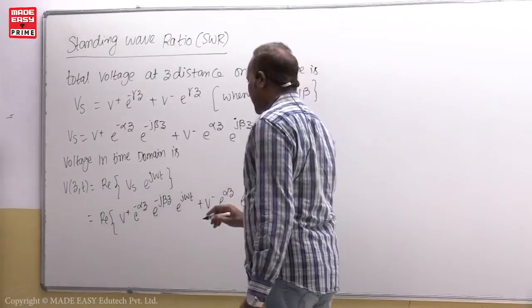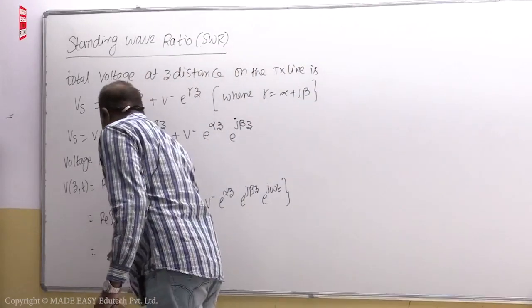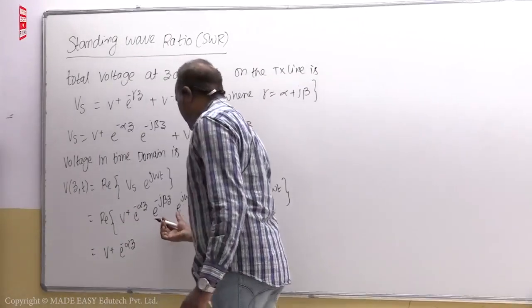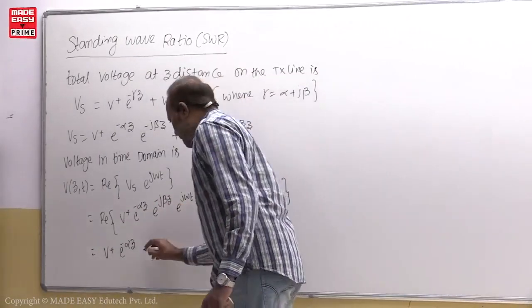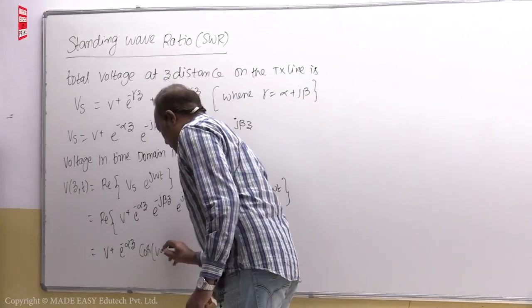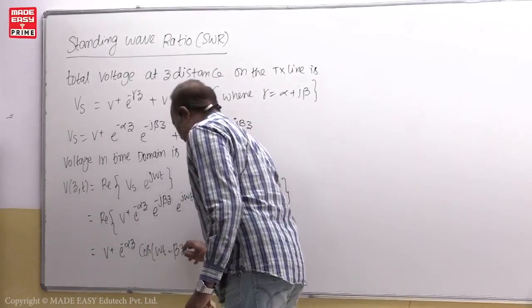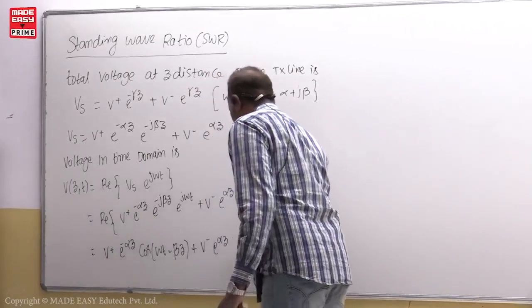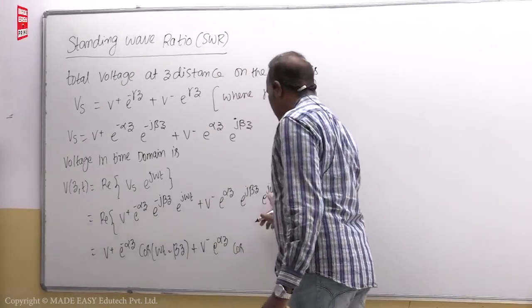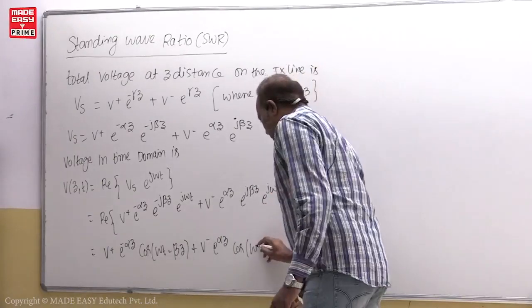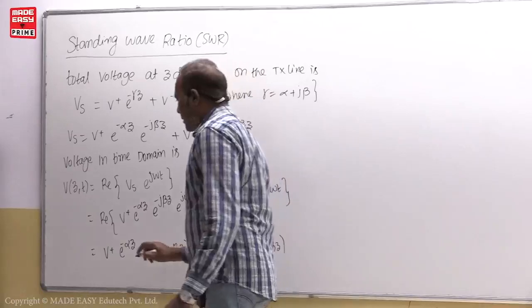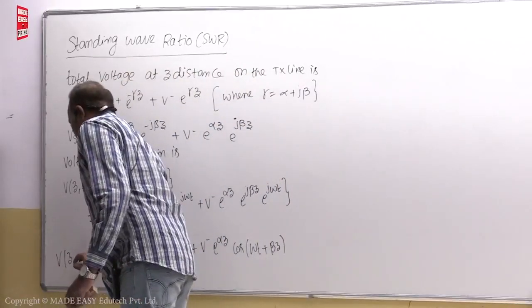Real part is V plus e power minus alpha z cos of omega t minus beta z plus V minus e power alpha z cos omega t plus beta z. So this is V of z comma t.